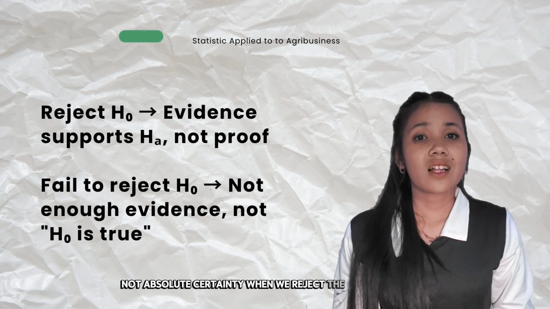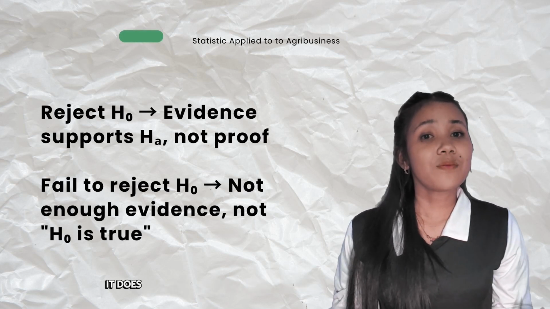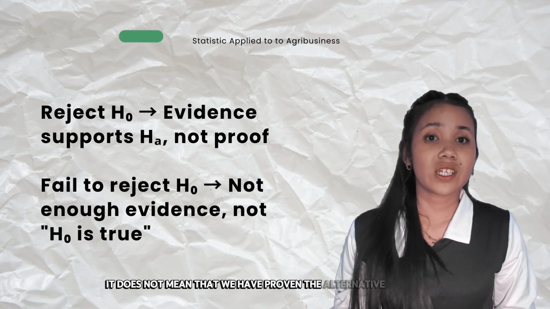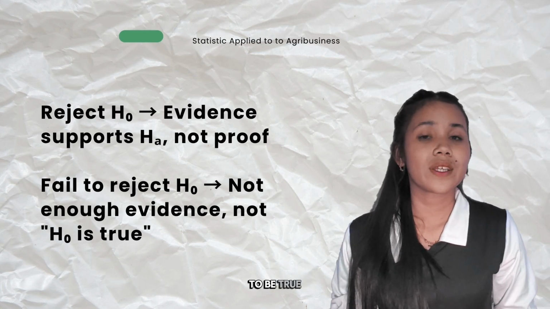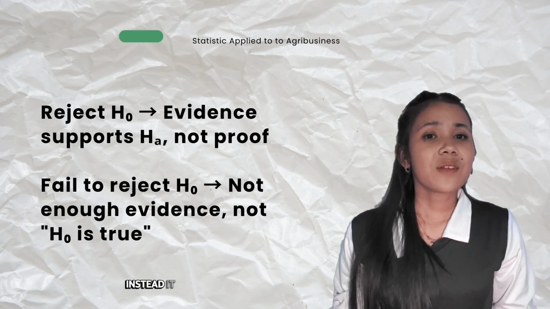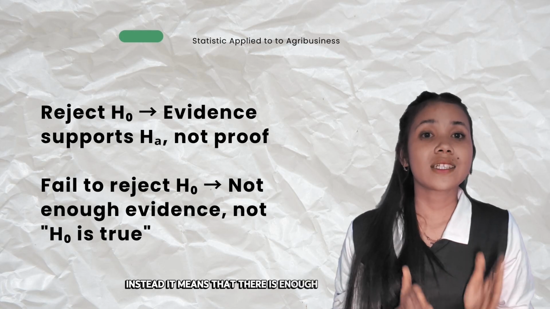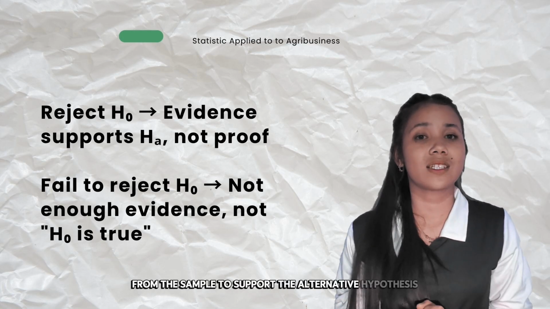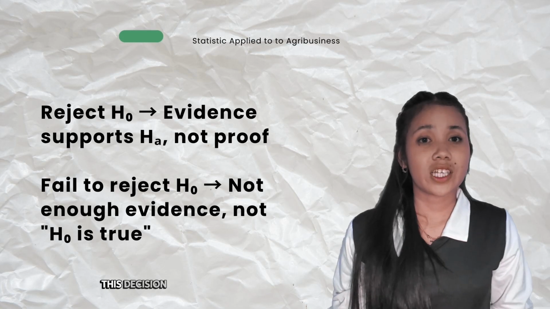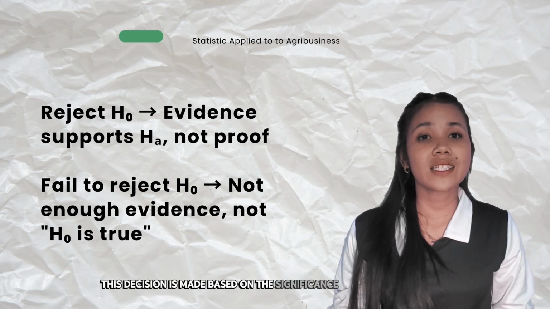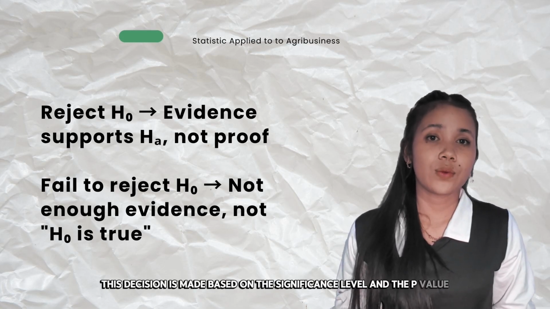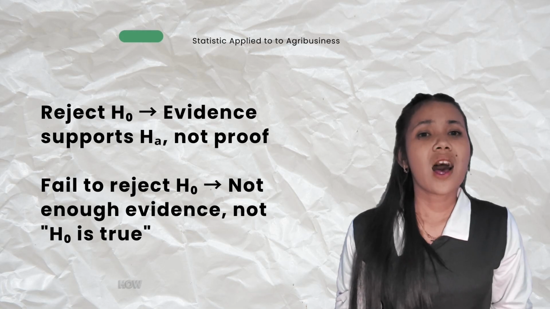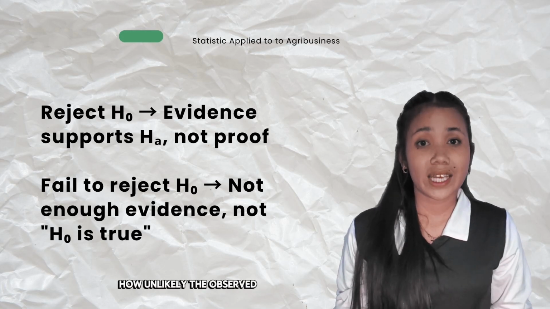When we reject the null hypothesis, it does not mean that we have proven the alternative hypothesis to be true. Instead, it means that there is enough statistical evidence from the sample to support the alternative hypothesis.